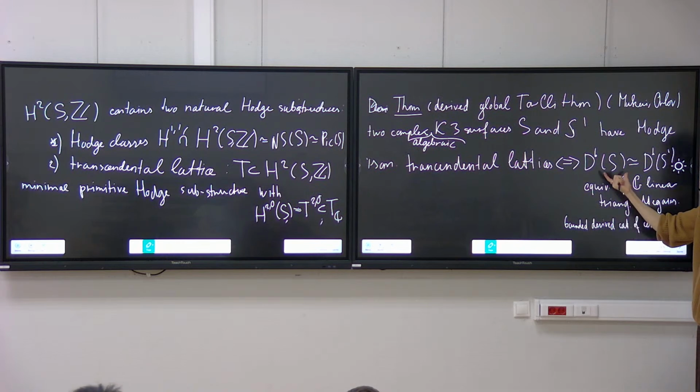Okay, so we have this invariant. If we consider just the abelian category of coherent sheaves, this is in some sense not a very interesting invariant of algebraic varieties, just because there is a theorem of Gabriel that tells you that the abelian category of coherent sheaves completely determines your algebraic variety.